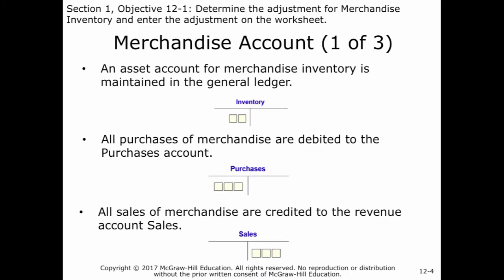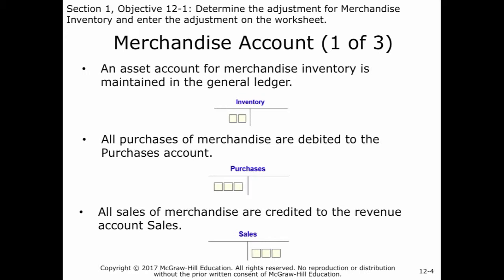In this chapter, we will learn to determine the adjustments for merchandise inventory and place it on the worksheet. The merchandise inventory account is an asset that appears on the balance sheet, and the amount in the account is the beginning balance at the start of the period.